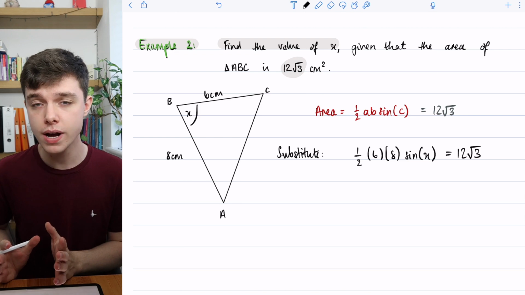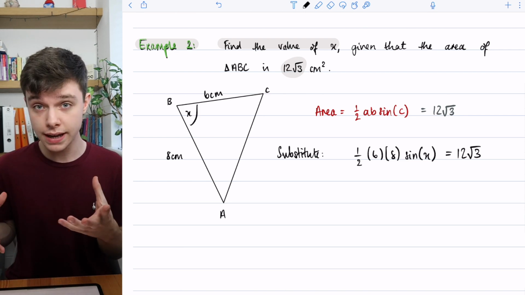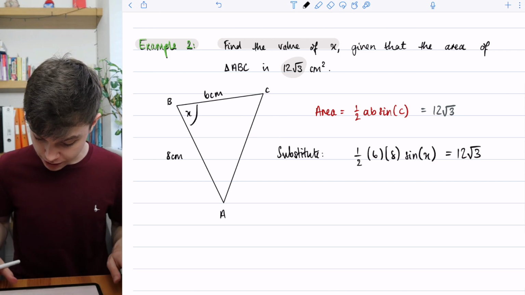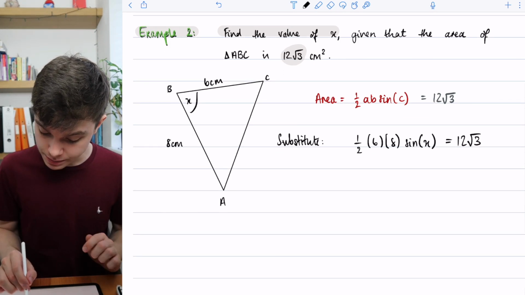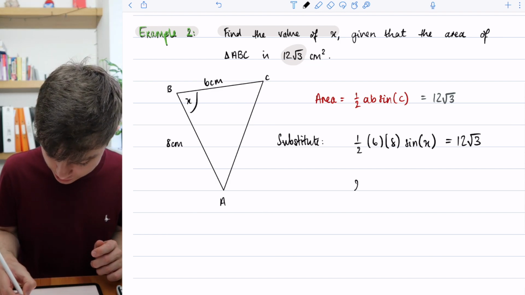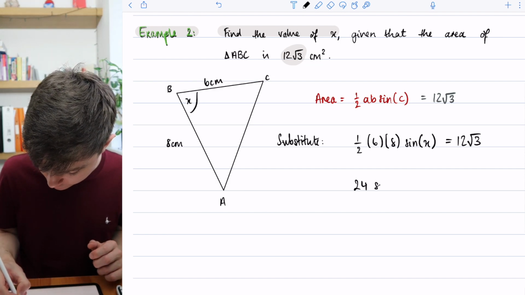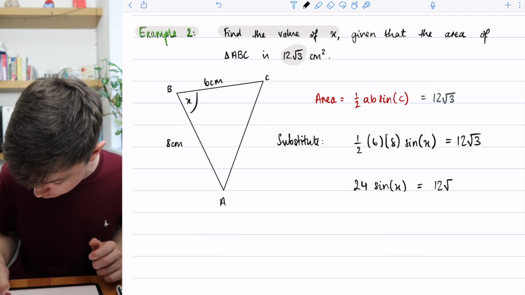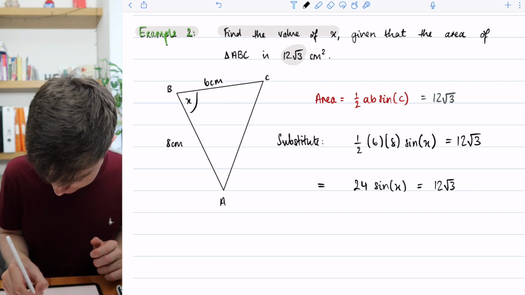Now all we have to do is just compute the value of x from that equation. So let's do some manipulation here. Well, a half times 6 times 8, that's just the same as 6 times 4, which of course is 24. And then we have 24 times sine x is equal to 12 root 3. Now I'm just going to put a little arrow there.